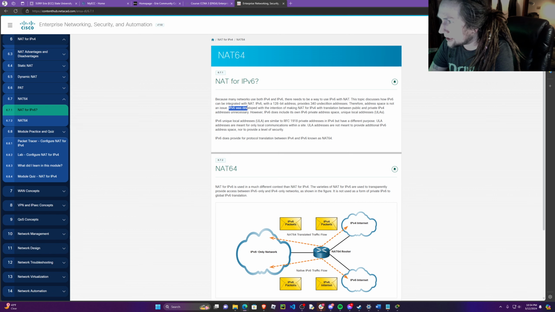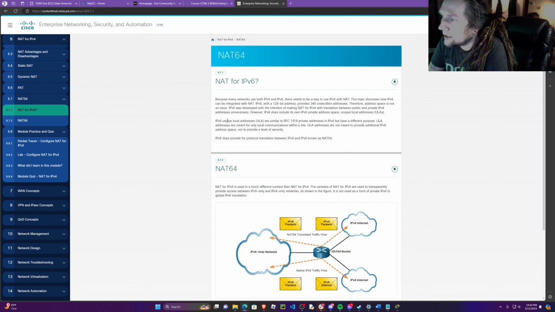IPv6 was developed with the intention of making NAT for IPv4, the translation between public and private IPv4 addresses, unnecessary. However, IPv6 does include its own IPv6 private address space, called unique local addresses, or ULAs.